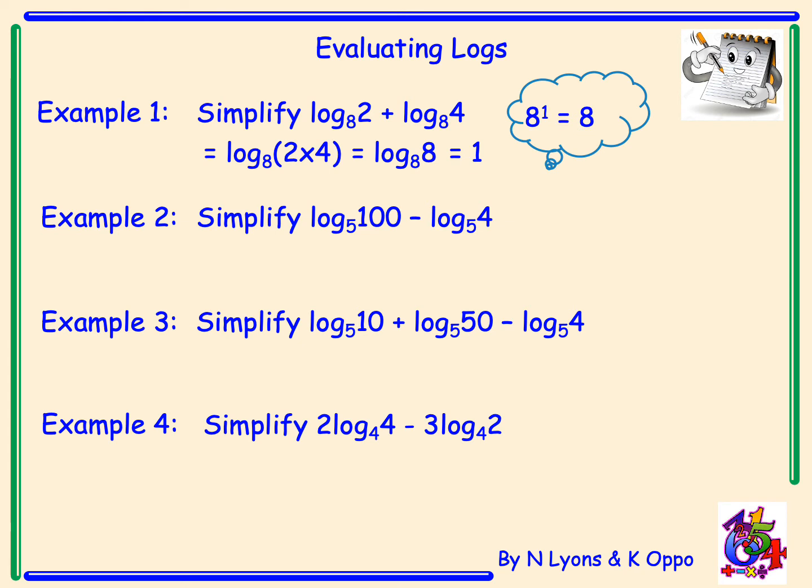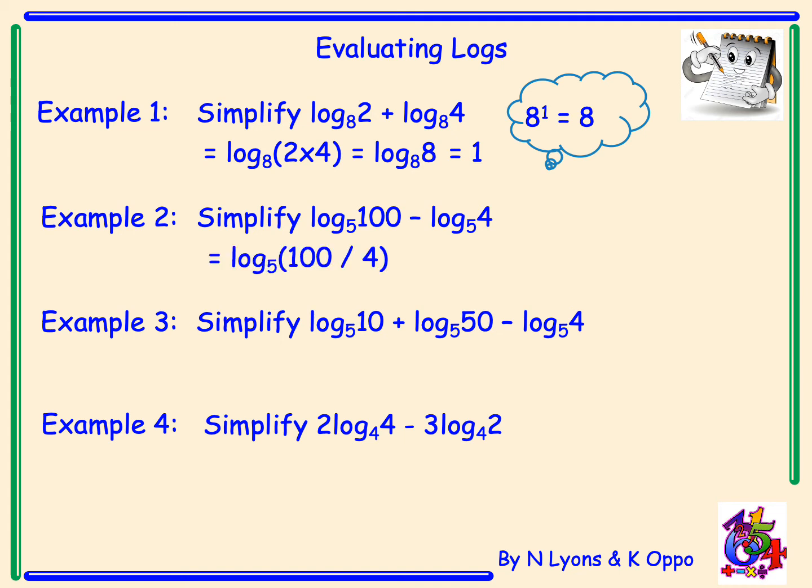Right, example 2, simplify log 100 to the base 5, subtract log 4 to the base 5. Now I can't evaluate log 100 to the base 5, 5 to the power of what equals 100 doesn't work, and I can't evaluate log 4 to the base 5, because 5 to the power of what equals 4 doesn't work. So I'm going to simplify it first.